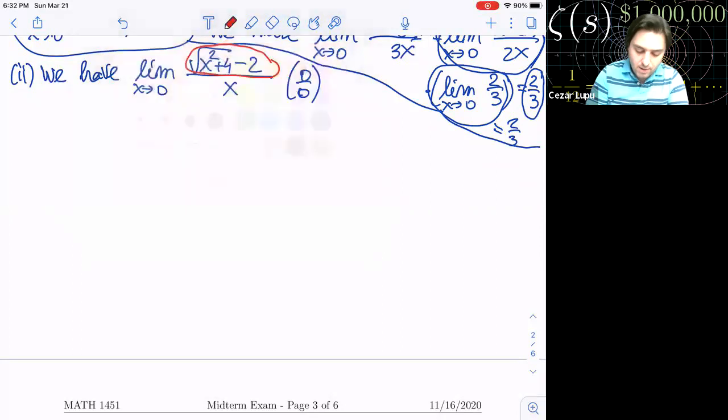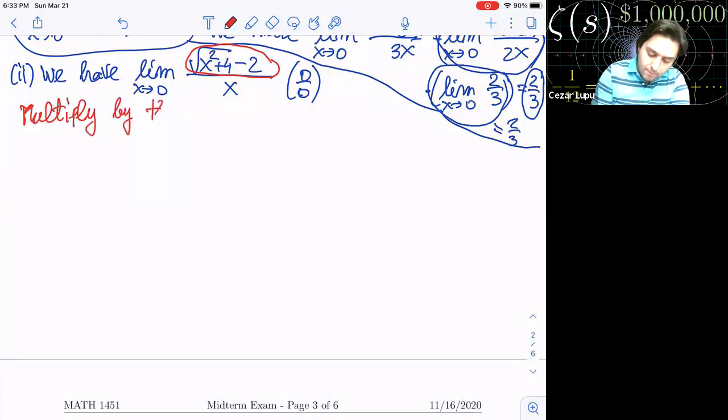So let's write it here. We multiply by the conjugate. Okay. So let's write it, and let's not put any limit so far.